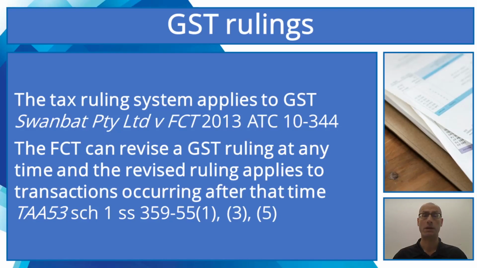The Commissioner can also make public rulings in regards to classes of transactions or a statement of her or his understanding of the law in regards to the GST system. Note that rulings that are revised by the Commissioner are going to apply from transactions from that date afterwards. It won't apply retrospectively in regards to these revisions of both public and private rulings.